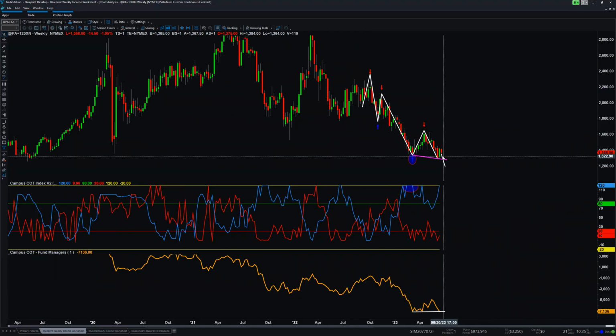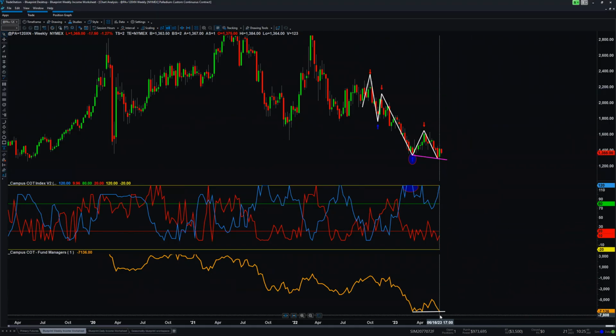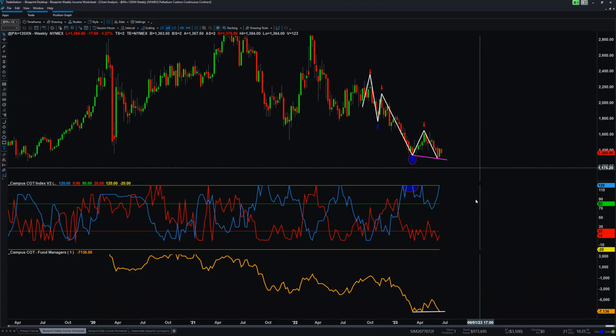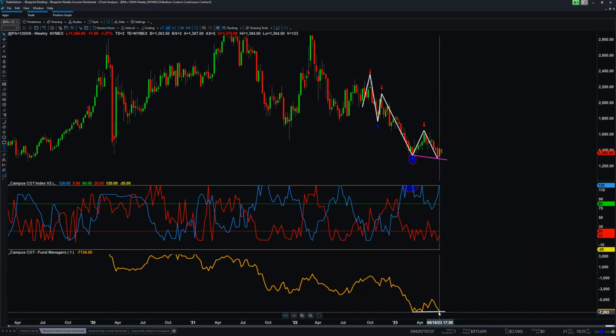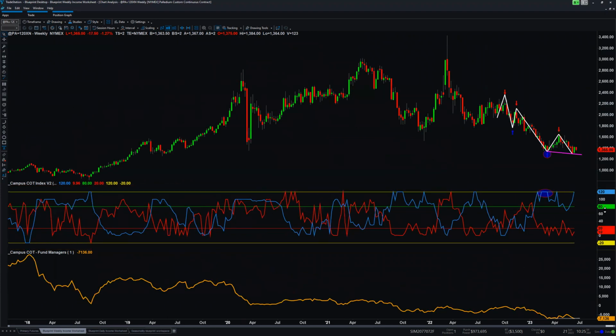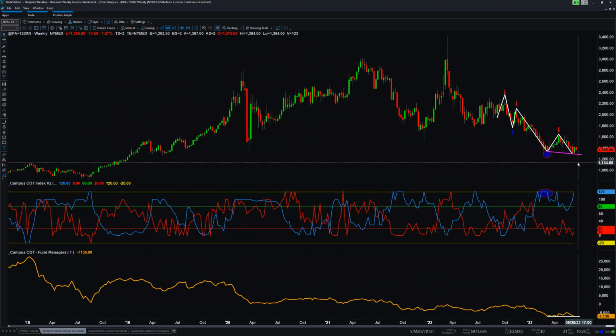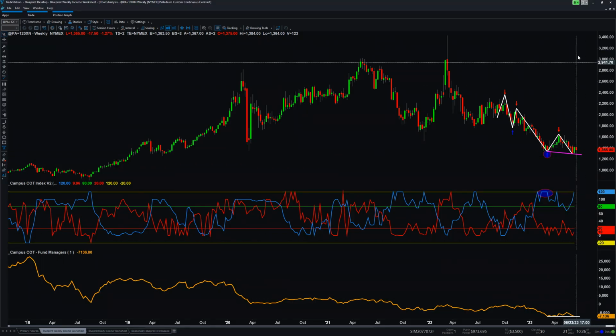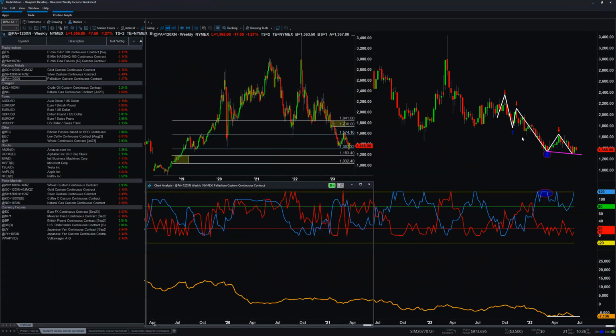If that divergence plays out, then this is a massive telltale for price moving higher big time. So this is something that needs to be observed though, week after week. It may change. The non-commercials may dip lower as well with price going lower. But if they don't, then that's going to be a telltale for us to go long.